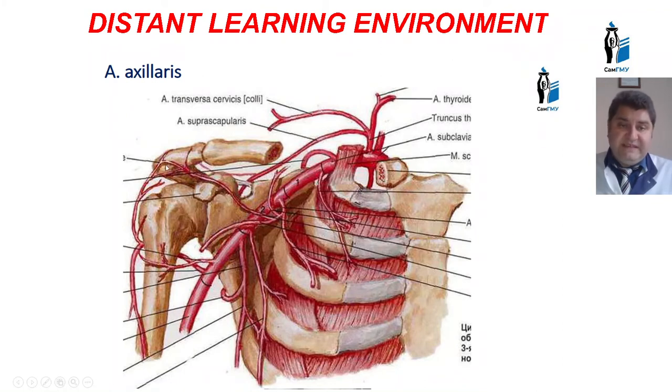You may see this anastomosis here between deltoid branch of thoracoacromial artery and also with deltoid branch of profunda brachii artery and circumflex arteries, anterior and posterior.